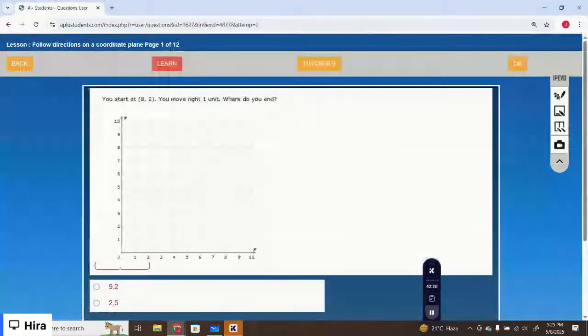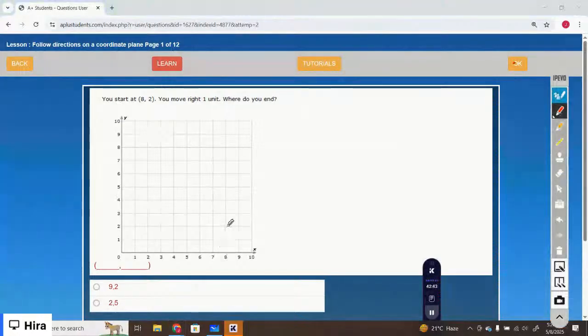So you start at (8, 2). You move right 1 unit. Where do you end? X is 8, Y is 2. Here is the point you started.